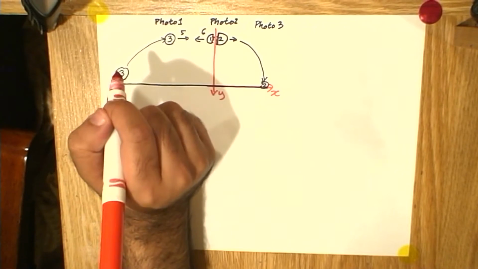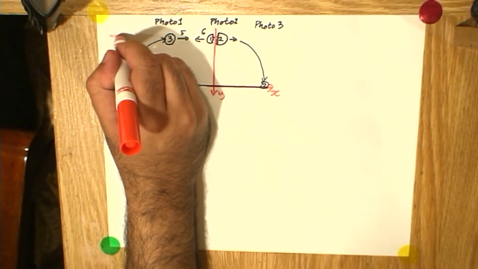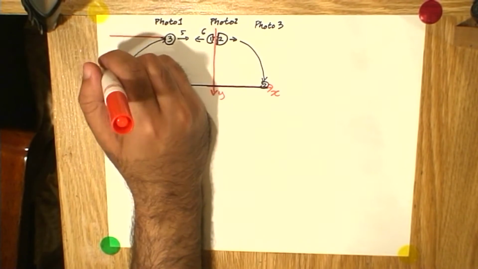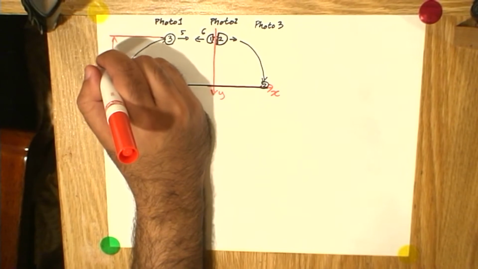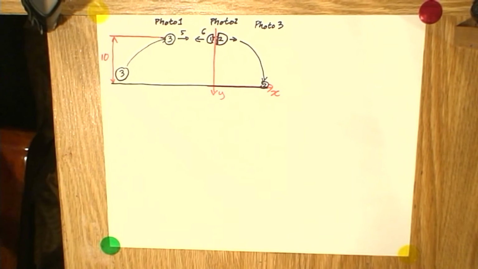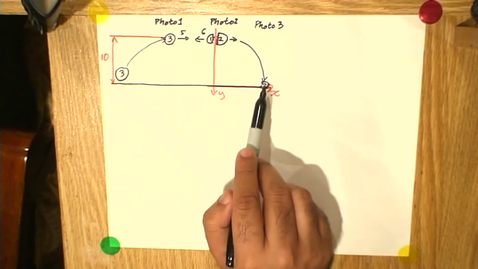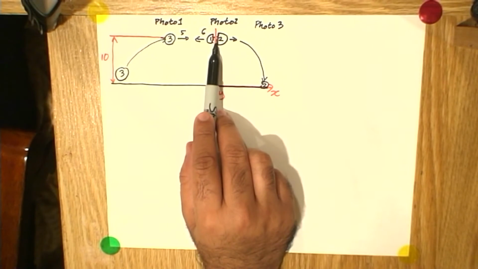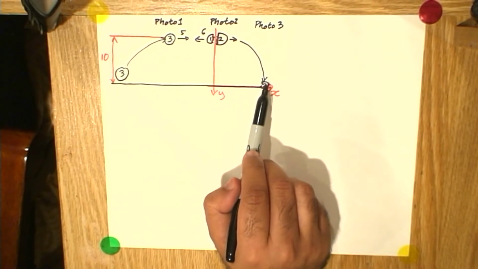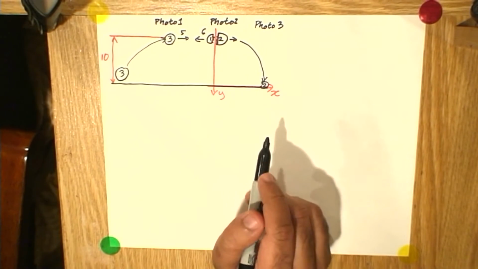The last piece of information we were told was that the height of this object when the explosion took place was 10 meters. Now that we have all that information, let us solve for how far the 2 kilogram fragment moved after the explosion.